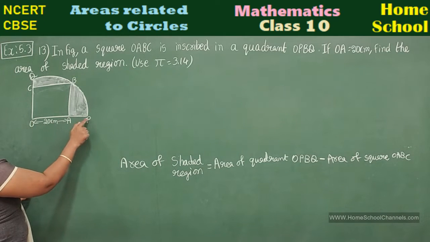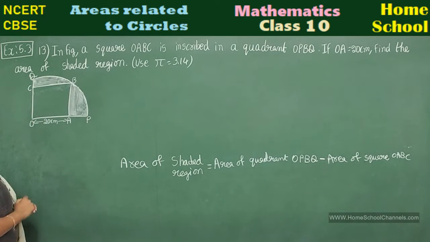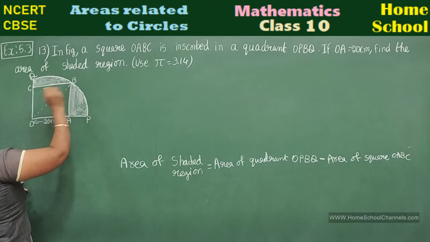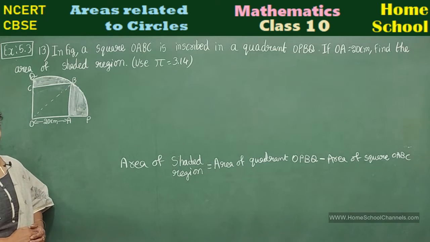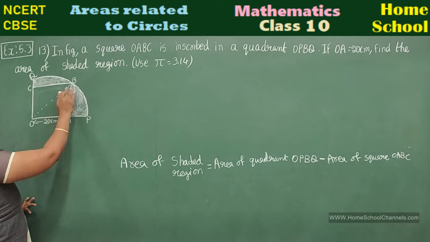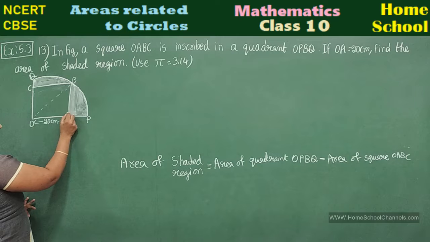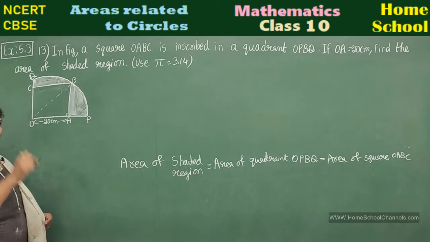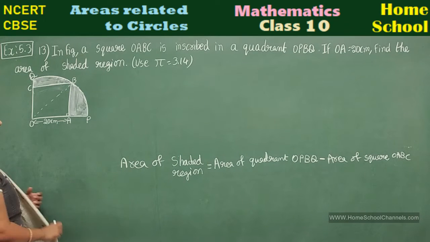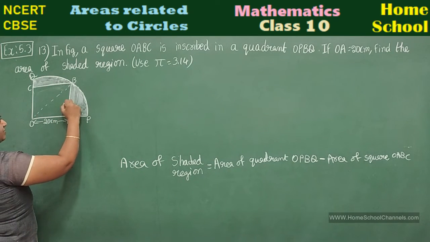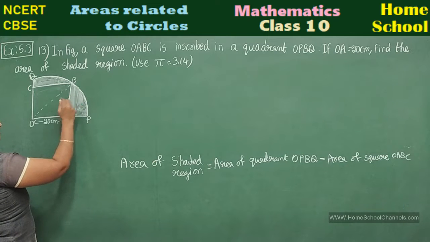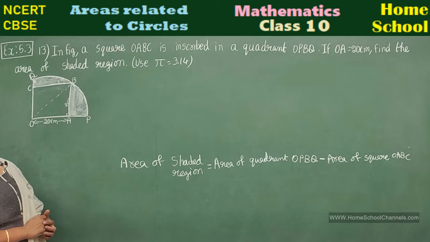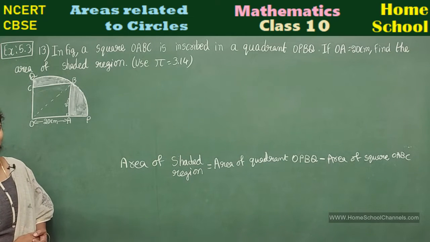See here, OP is a radius, OQ is a radius, and observe carefully, OB is also a radius of the quadrant. In the square, I can see a right triangle. In a square, all angles are perpendicular. I know this side is 20 centimeters and this side is also 20 centimeters. Can you find the hypotenuse? Then that hypotenuse is nothing but the radius of the quadrant.